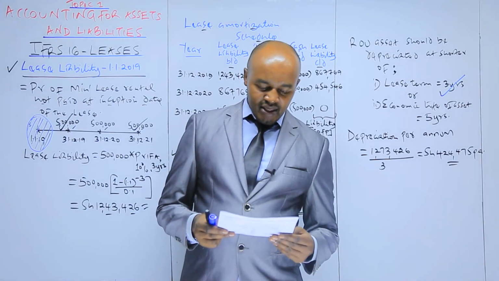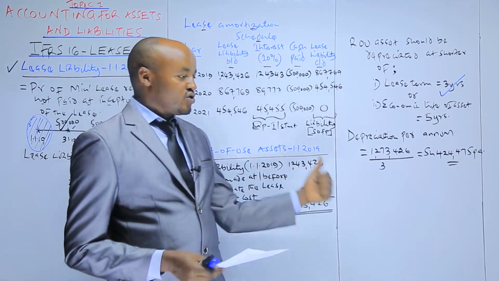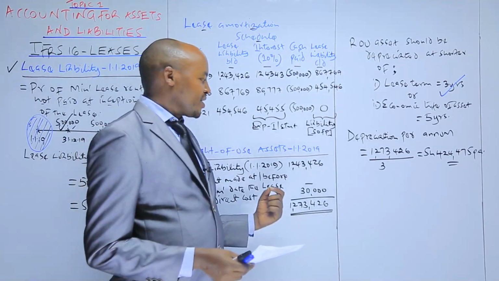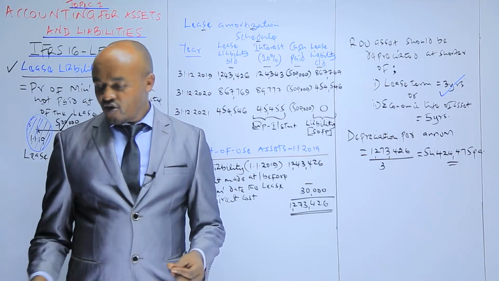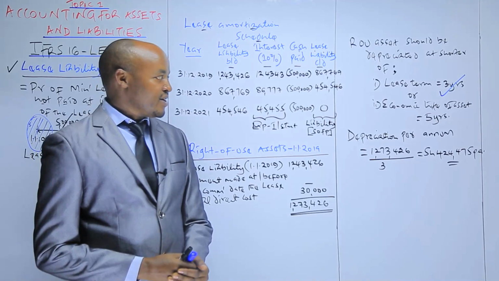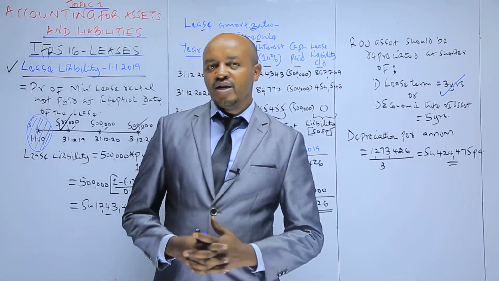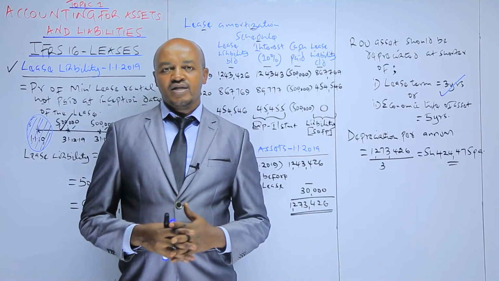And two, the lessee, that is Breakwood Limited, will also recognize the right of use asset, which should be depreciated over the term of the lease, at the shorter of the lease term and the economic life of the asset. So that is what is required as far as that illustration is concerned.